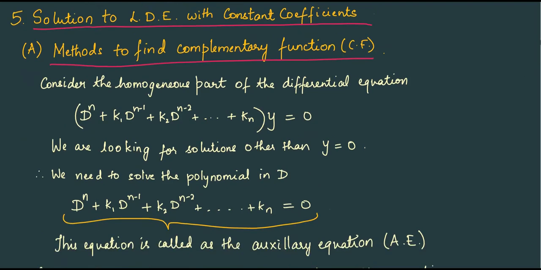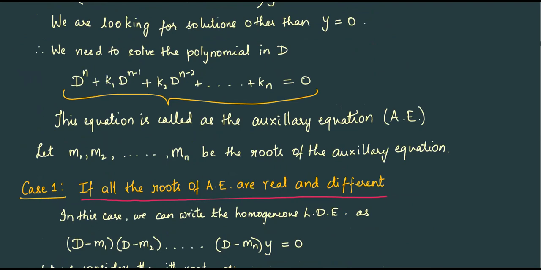So when we equate that to 0 and find the roots, we get cases where this function f of D equal to 0, we call it the auxiliary equation.